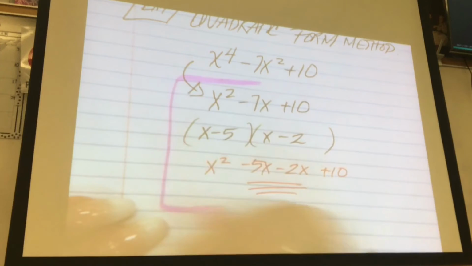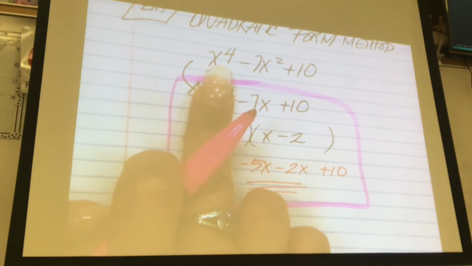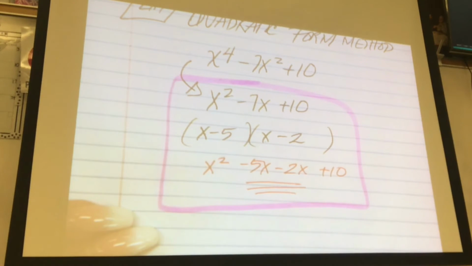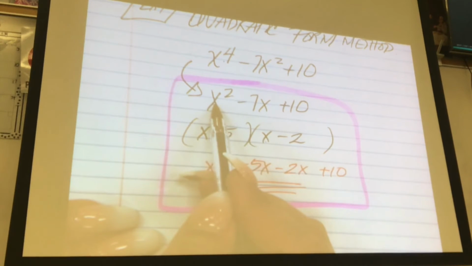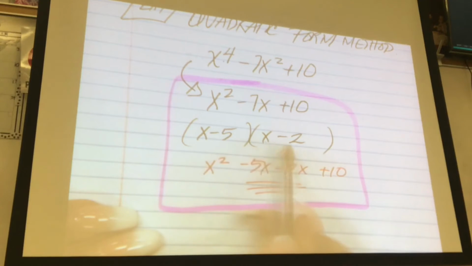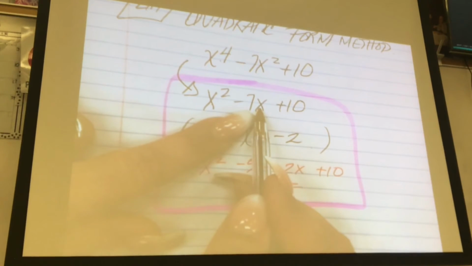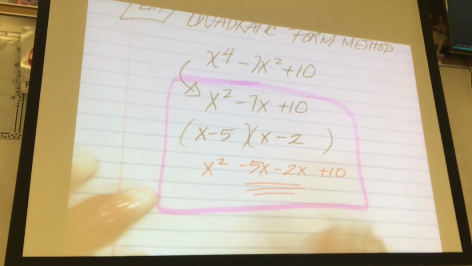All right, so now apply your knowledge. If the first term is x to the fourth and the middle term is x squared, apply your knowledge to what we just did here. So for x squared, I got x minus 5 and x minus 2. Instead of regular x's, these are going to be the middle term, which is negative 7x squared.